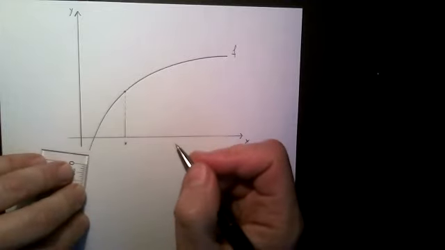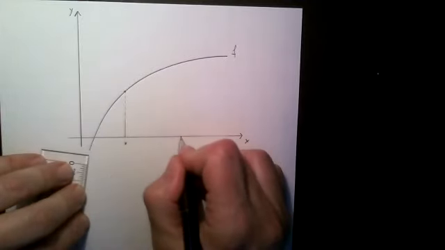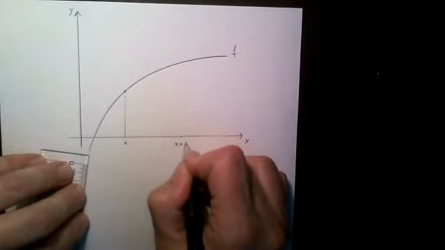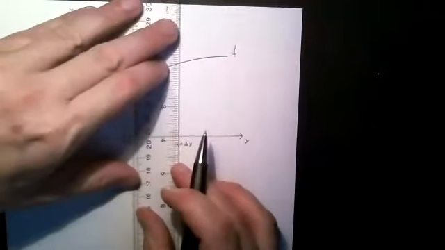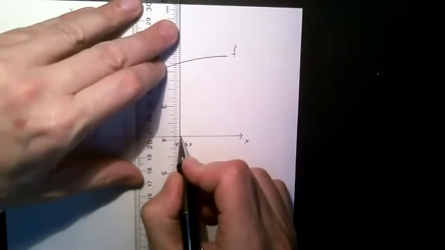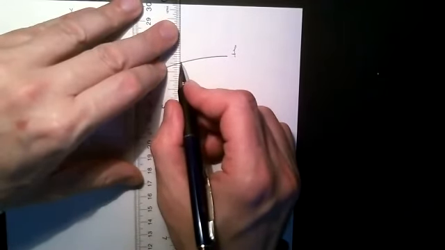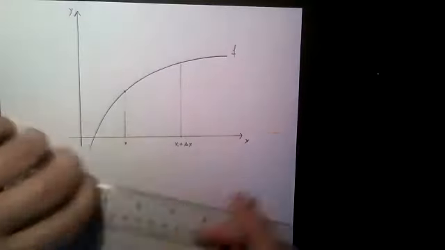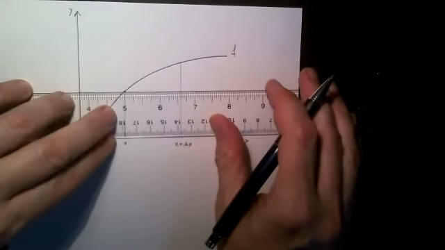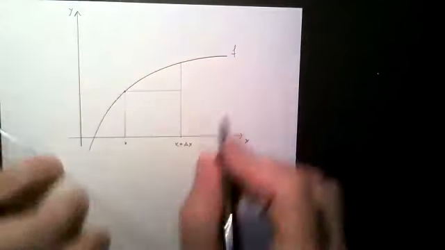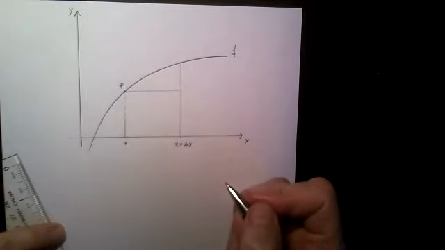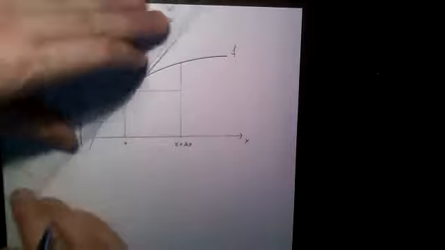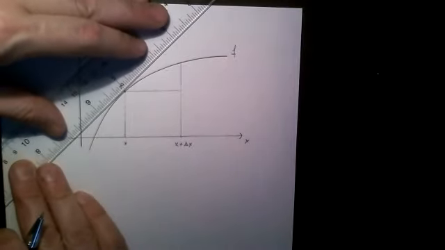And I'm going to go a bit further here, let's say x plus delta x. So this here is delta x later. Then I'm going to draw my tangent here.